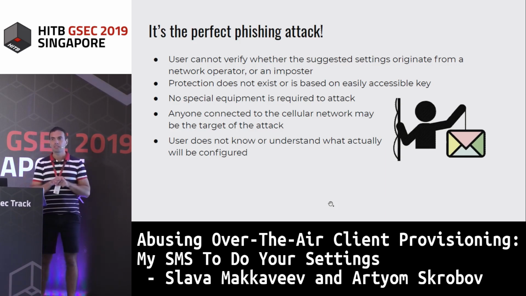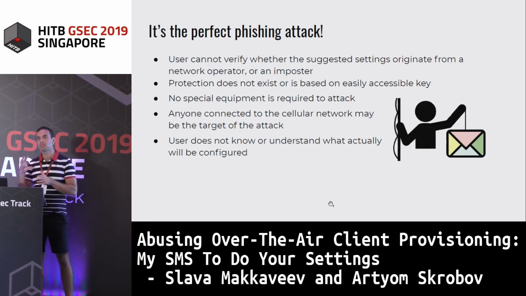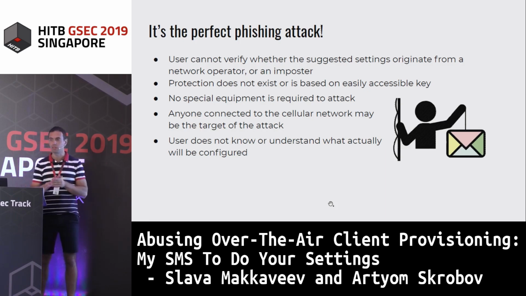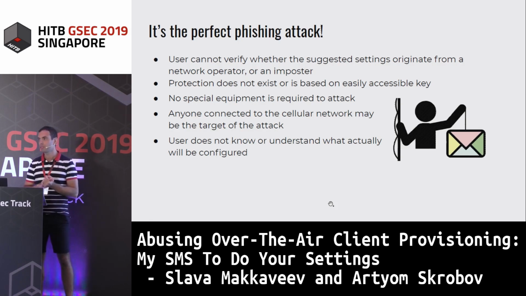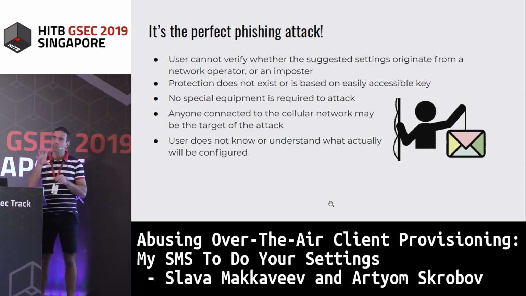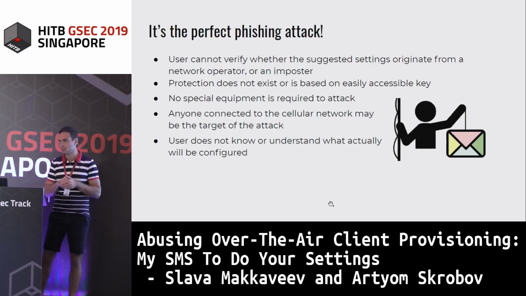An attacker doesn't need any sophisticated software or hardware to perform this attack, and it can target any mobile phone, either as part of a large-scale phishing campaign or with a narrowly targeted attack.